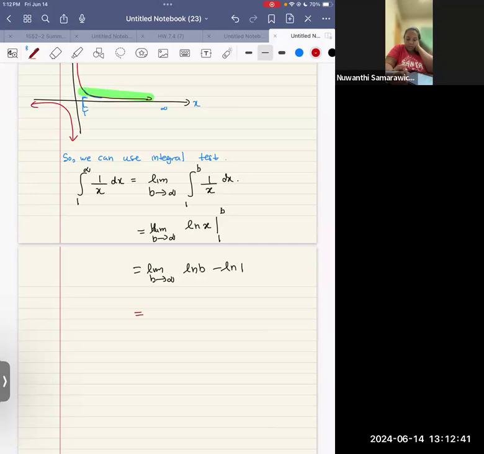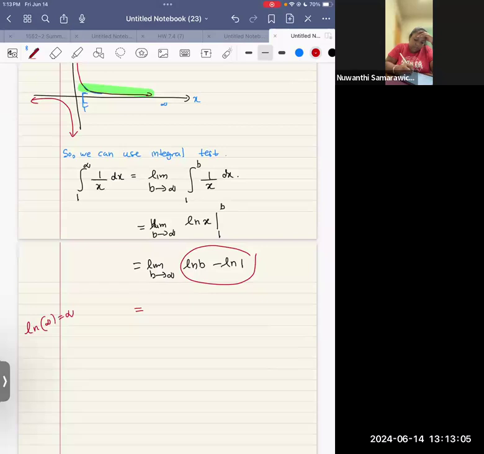What do you get for the limit of this whole thing? Infinity, yes, infinity minus 0. I said the natural log of infinity is always infinity. So we get infinity minus 0, which is infinity. Because this is infinity, this integral diverges.